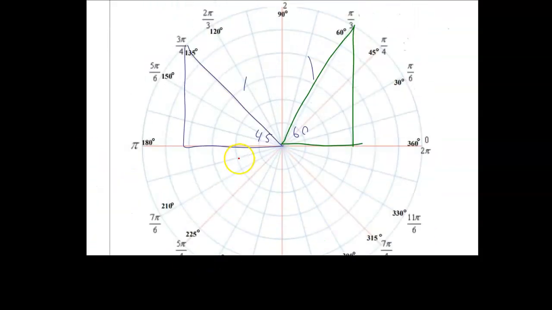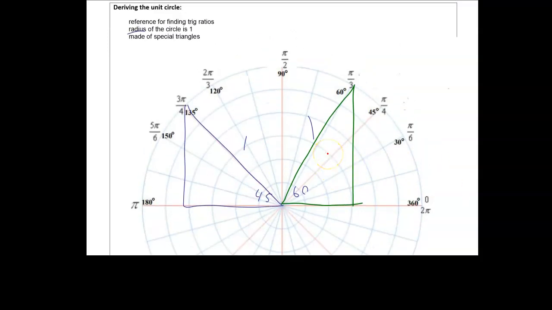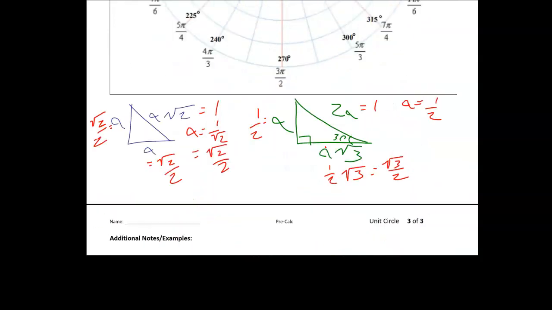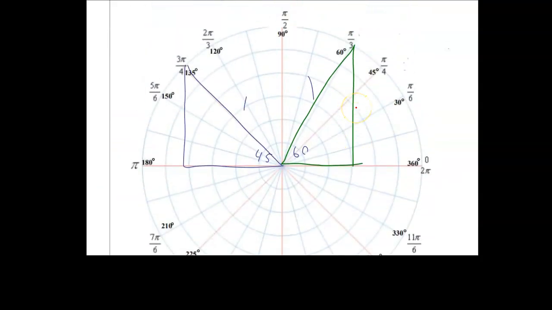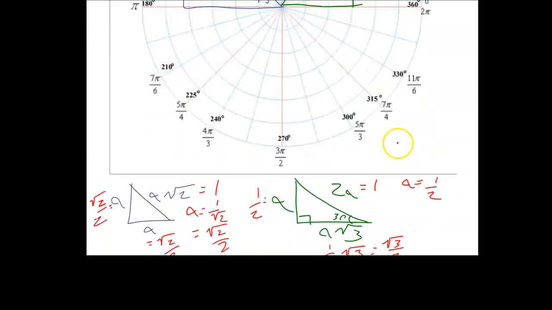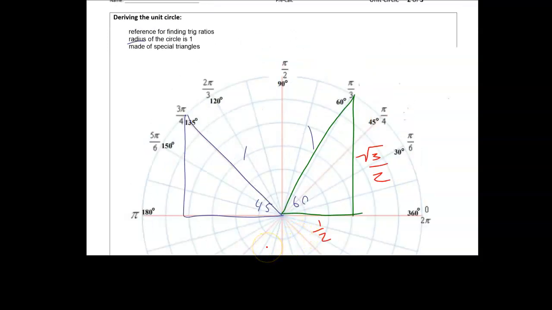Let me show you why. So notice my right-hand triangle, my green triangle, is this 30, 60, 90 triangle, right? And I just found that my long side is square root of 3 over 2. And my short side is 1/2. This means if this is a point on the coordinate plane, what is this? 1/2 comma square root 3 over 2, right?